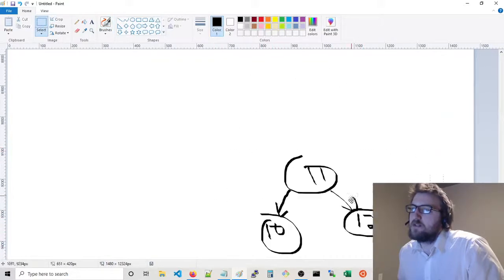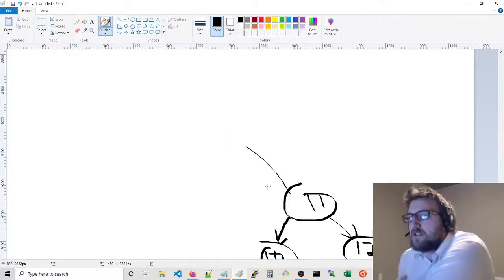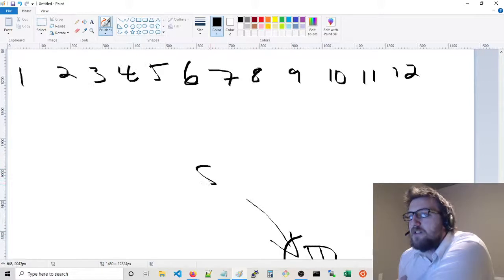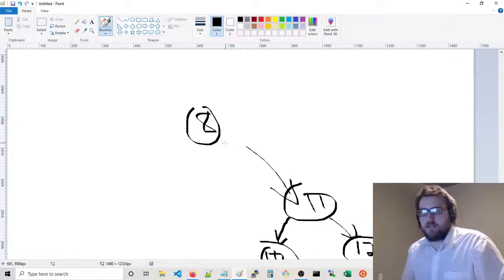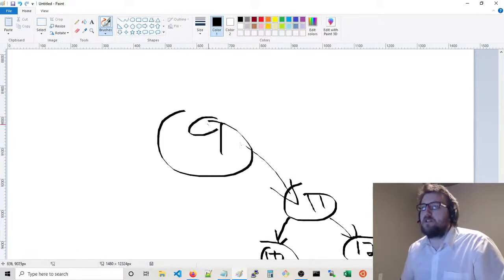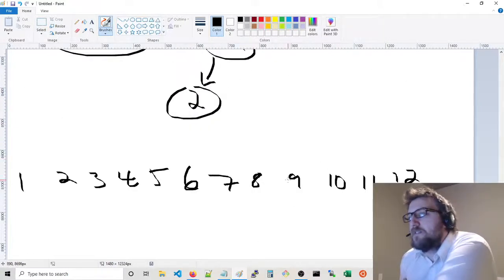And something's got to go above this. I guess 9. I don't know. If you do 8 here. No, you don't want to fit anything else in here. You definitely want to do 9. So that's 20. And I guess on the left side, there's something else.